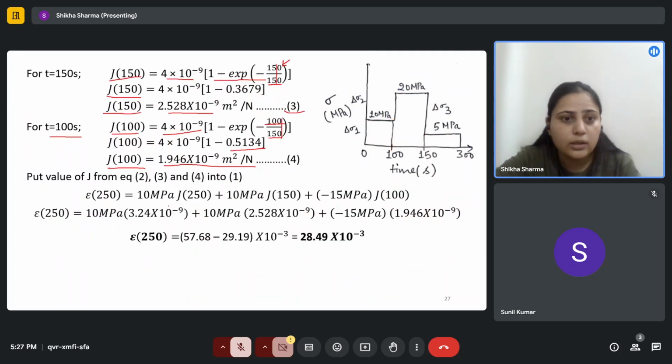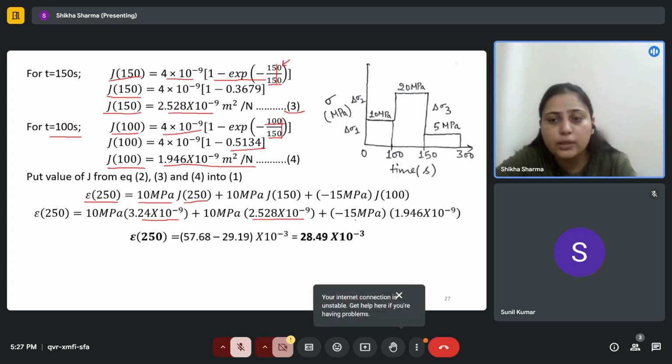So the strain at 250 seconds equals stress, 100 megapascal, into J250, 3.24 into 10 to the power minus 9, plus 100 megapascal into J at 150, which is 2.528 into 10 to the power minus 9, plus minus 15 megapascal into J 100, which is 1.946 into 10 to the power minus 9.